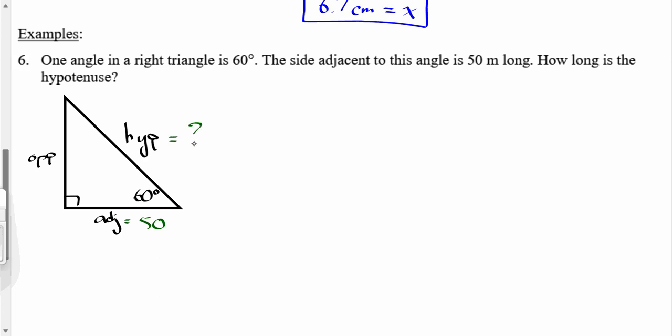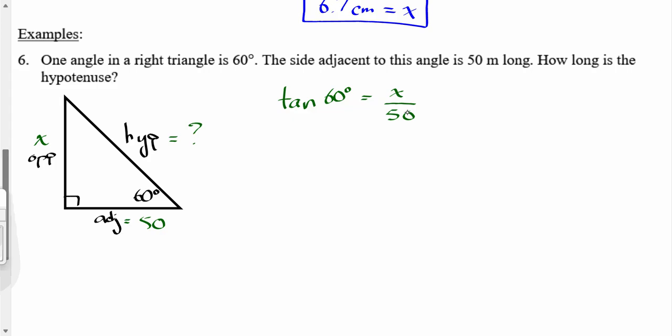Wait, tangent doesn't tell me about hypotenuse. What can I do? Yeah, we can find the opposite side and then use Pythagorean theorem to find the hypotenuse. So we'll start with that. We'll say this is, I'll call my x. So I can say the tangent of 60 degrees will be x over 50.